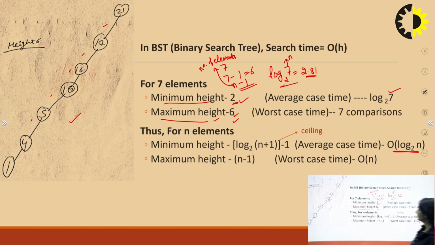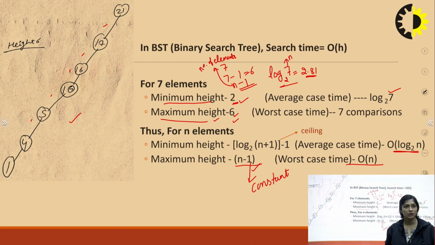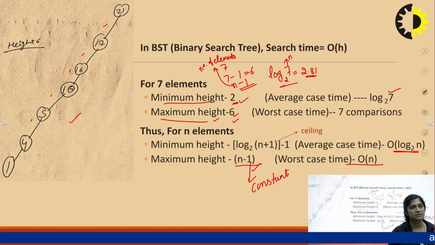It means the time complexity is big O n, due to this n minus 1, because this is a constant and we ignore the constant value when we find the time complexity. So this is big O n. In this way we can say for a binary search tree the maximum height for 7 elements is 6. It means this is n minus 1, or we can say the time complexity is big O n.